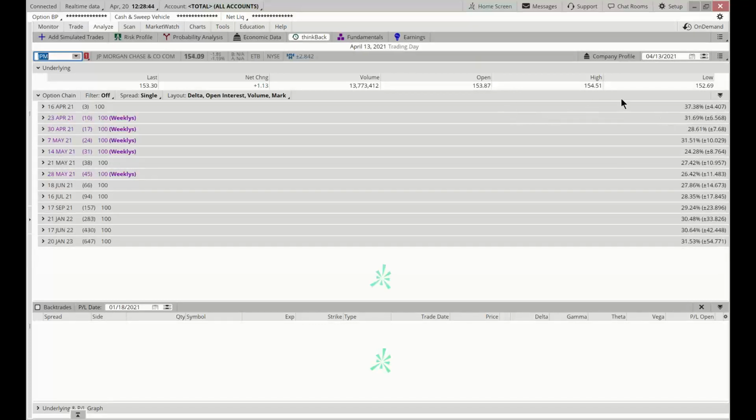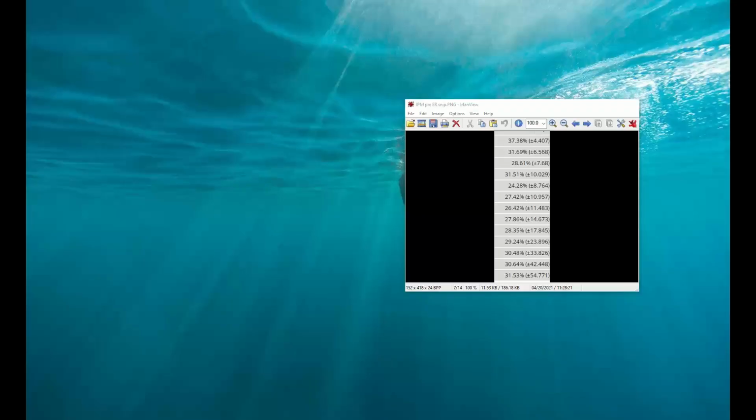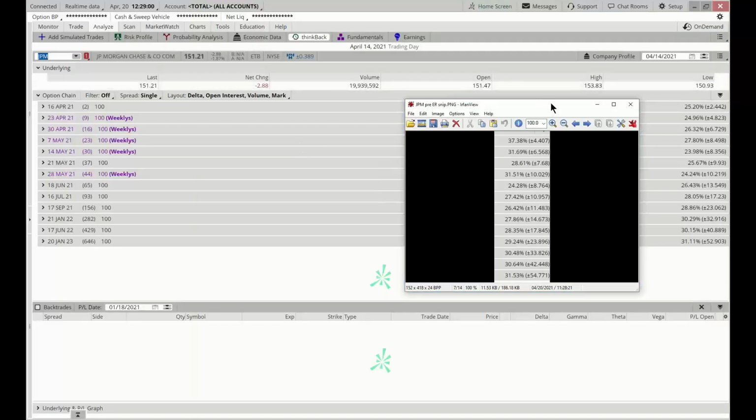And that's the snip that we just saw. And now we'll go to 4/14, the day after JPM, pre-ER. There it is.